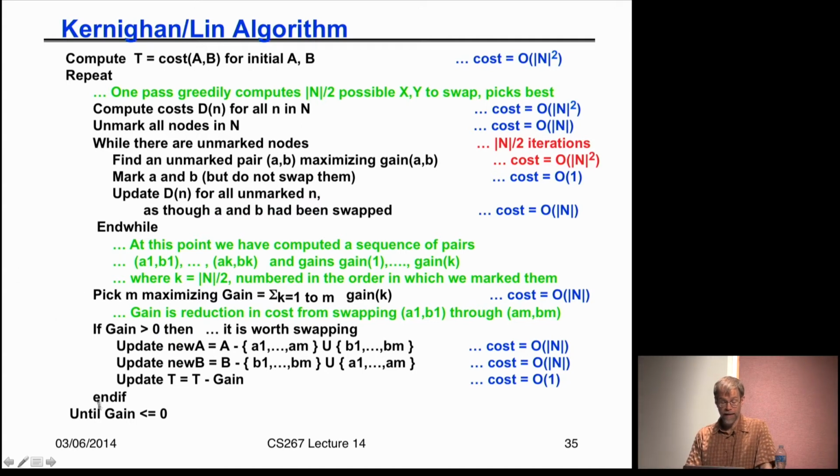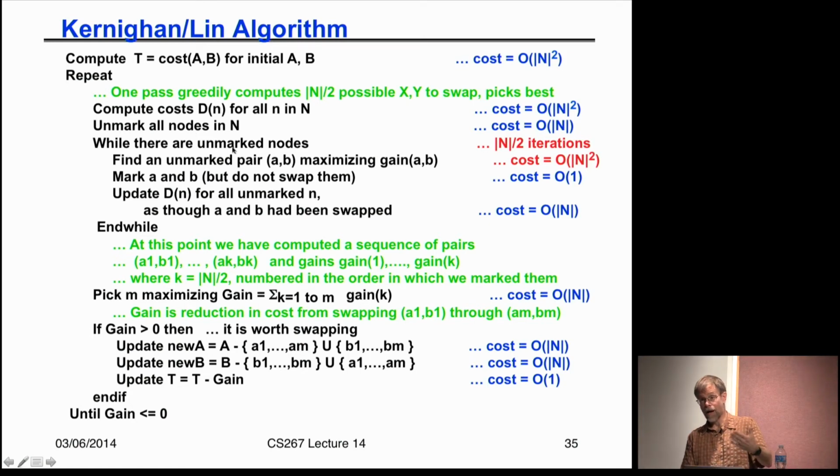I'm going to repeat this until I get no more gain, until I can't make any more progress, until swapping doesn't help. And so what I'm going to do is compute all that data structure I was just telling you about, compute all of these d's, and unmark all the nodes. So I haven't considered swapping anybody yet.